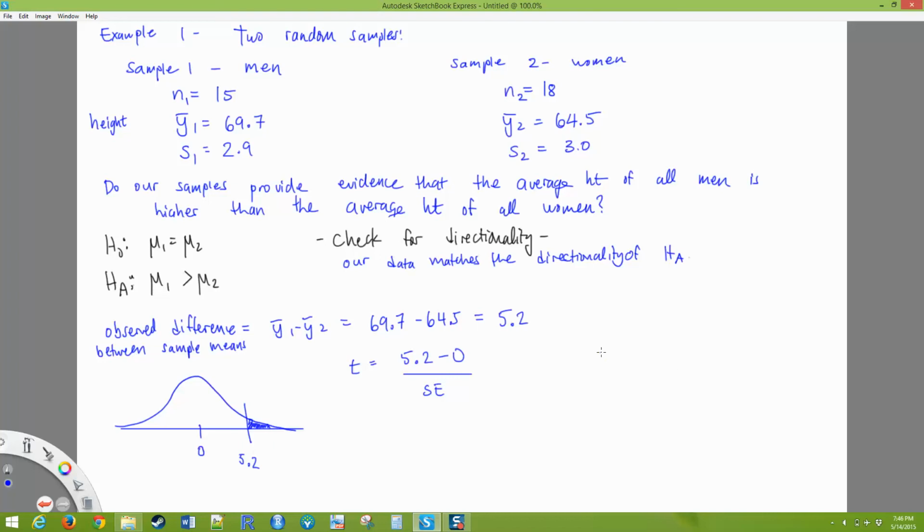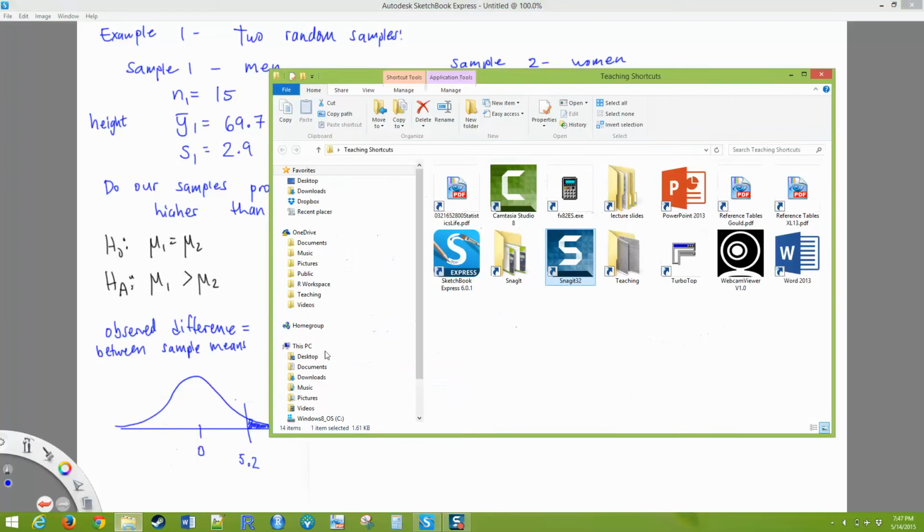Okay, my standard error is given by this equation, s1 squared over n1 plus s2 squared over n2, all under a square root. So I've got to punch this into the calculator.